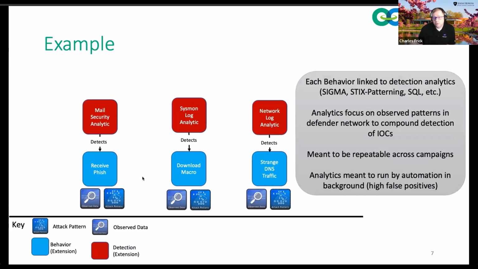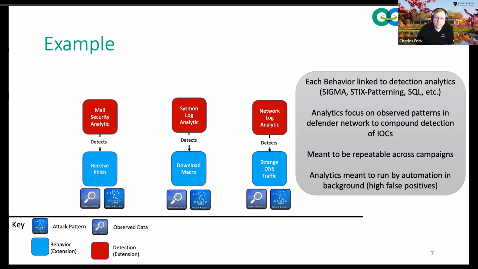We also create an extension for detection objects. And these are linked to the behaviors, and they are ways to share an analytic for detecting that behavior. That analytic could be Sigma, could be a STIX pattern, could be STIX Shifter, could be SQL, could be all sorts of ways that one might search for that behavior.